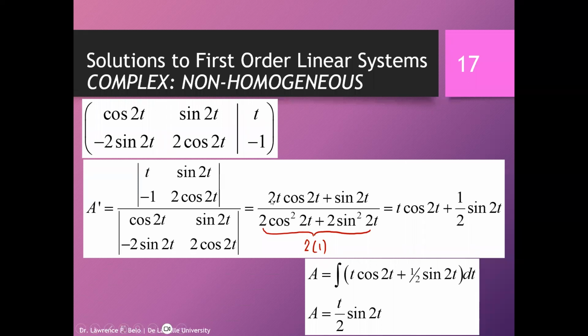So 2 over 2, you can simplify to have that form, and then 1 half sine of 2t. But take note, this is a prime. So to solve for a, it's basically the integral of that with respect to t. So wala na tayong problem kasi this one is basically 2t over 2 sine 2t pag sinimplify nyo.